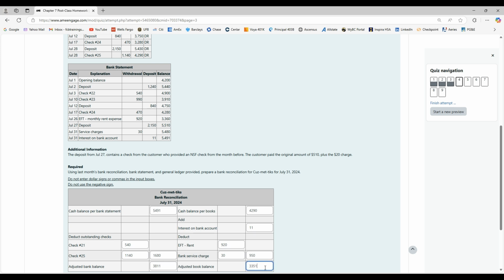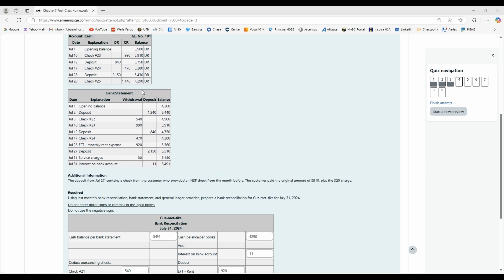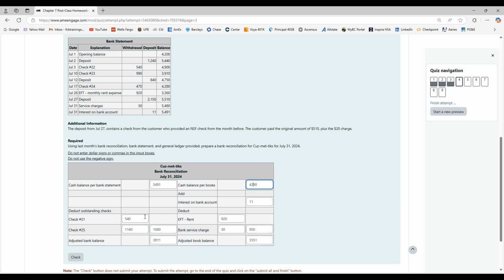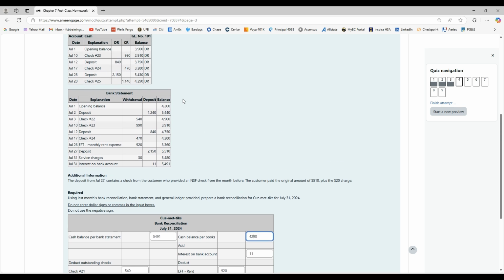Oh crap, I got 3351. Okay, I'm off somewhere. What did I miss? 920, 930, so that would be negative 350. We had 42, make sure I did that right. That's the ledger, 4290. Okay. Check 25, make sure I got these right. Yeah, that's 1140.